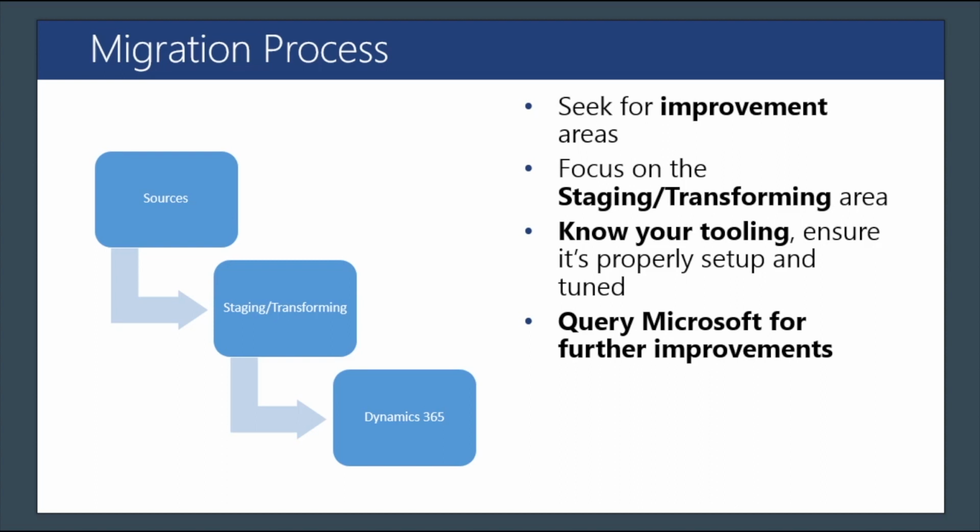Then it's time to seek improvements. Try to understand if you've got a bottleneck somewhere: determine a small subset of data, migrate that subset and measure the times, and try to understand where you're being stalled. If there's a bottleneck in between that you can target and improve, make sure that you optimize it so that all the data will be migrated in the best possible way.